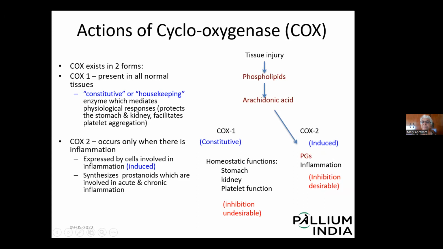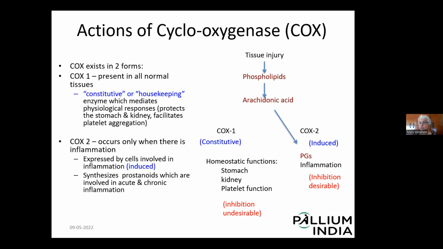And it is the one that mediates the physiological responses like protecting the stomach mucosa, the kidney, and facilitates platelet aggregation, which is so important for maintaining our normal physiological function. But there's another COX, which is COX-2, which is induced by the inflammation that is resulting because of these inflammatory mediators.